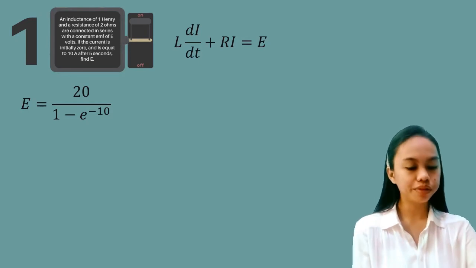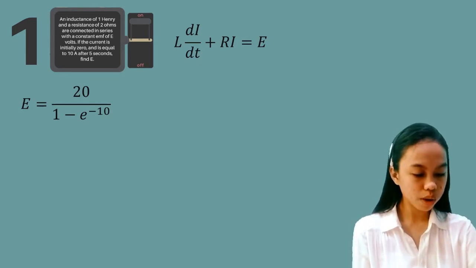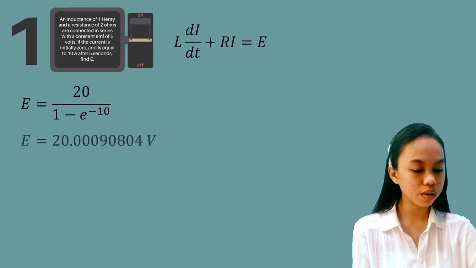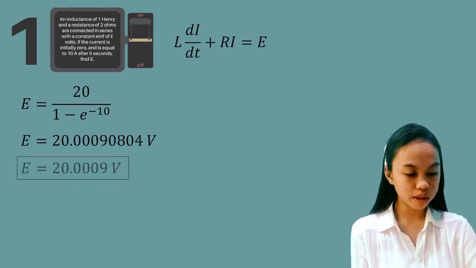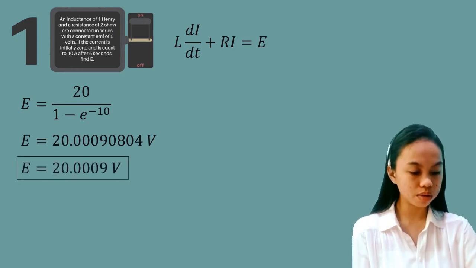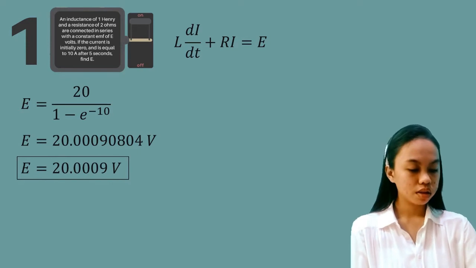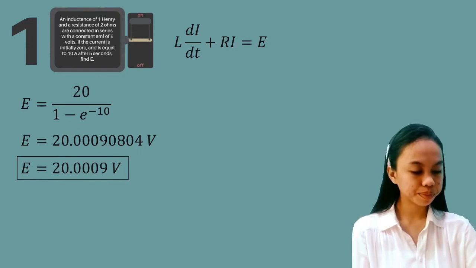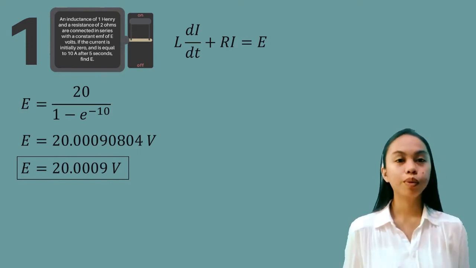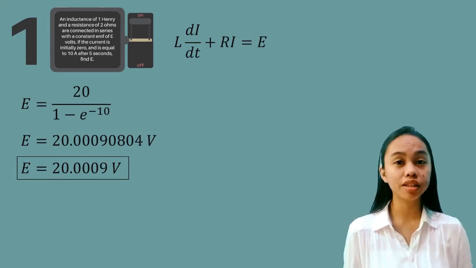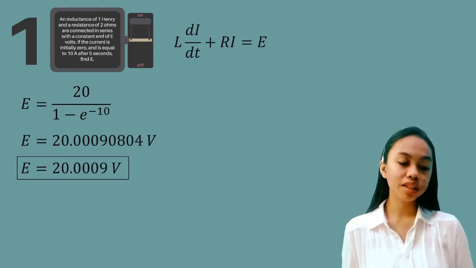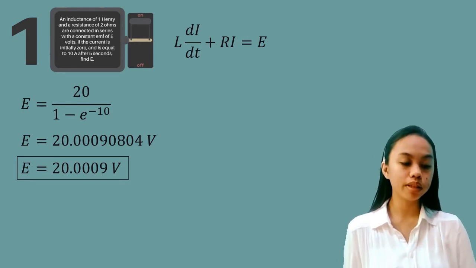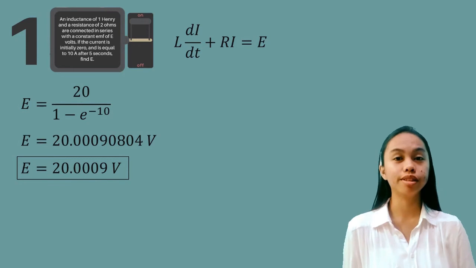So we have e equals 20 times 1.00004540 approximately, or we could have e equals 20.0009 volts. So from this value, we already have our voltage source, and so our final answer is the voltage source is equal to 20.0009 volts.